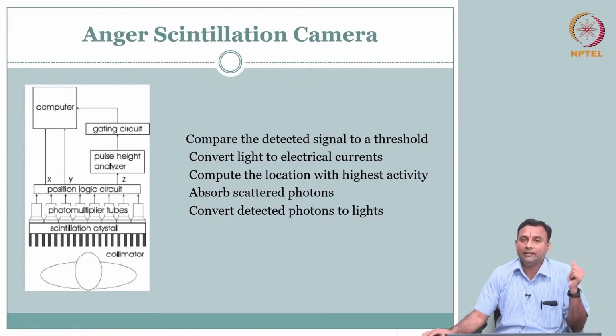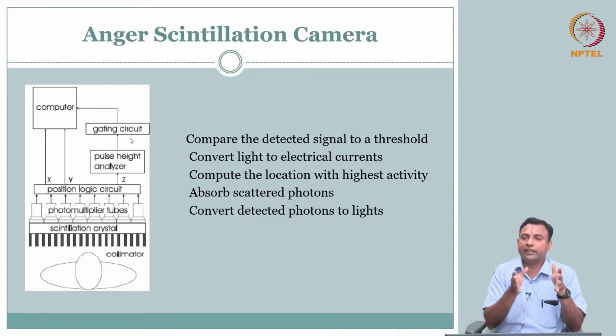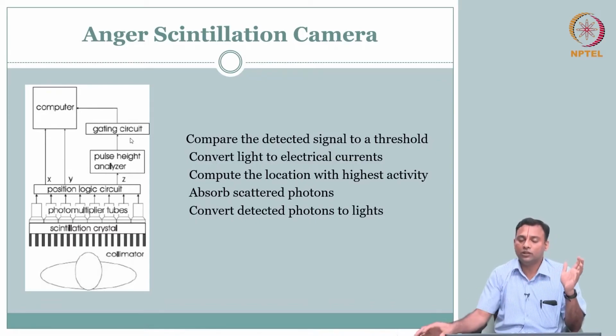So now the question is, do you want to interpret that as a signal or is it Compton scattered? We can be energy sensitive. Because I know what gamma the radiotracer is sending out, if it is within a certain tolerance, I know it is the real signal coming from that source. If it is less than that, I know it is a scattered photon. So you have some thresholding criteria, and we will look at it.